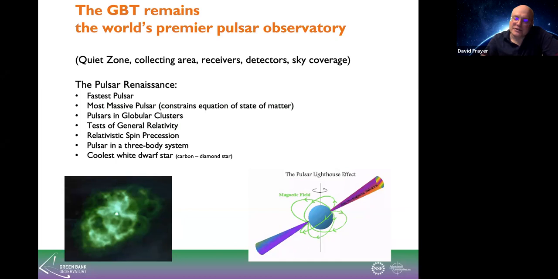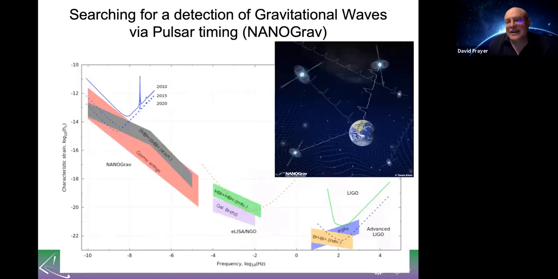The big driver is NANOGrav, trying to detect cosmological gravitational waves, basically. They've been working on that for several years, and they're getting closer and closer. They're borderline, potentially in the next 5 years, they'll make a detection of gravitational waves if the current data holds up.